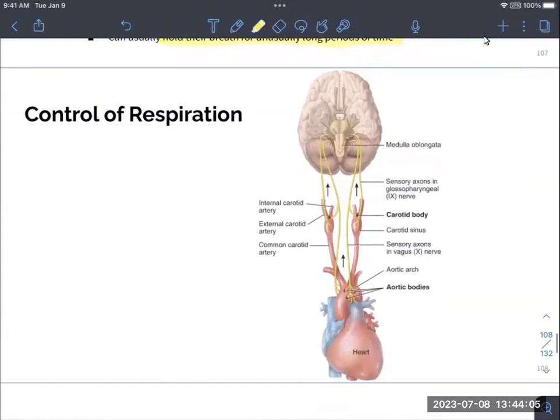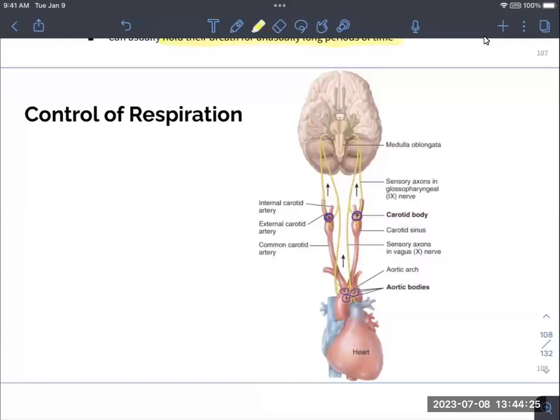So these different areas, this shows, here's those carotid bodies, these little black or brown dots, and these are these different aortic bodies. These are those different chemoreceptors that are monitoring carbon dioxide and oxygen levels in the blood.